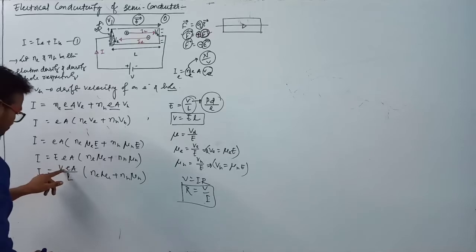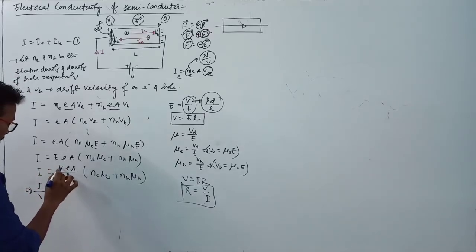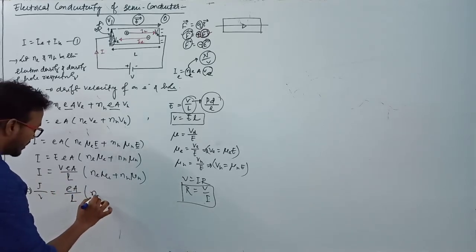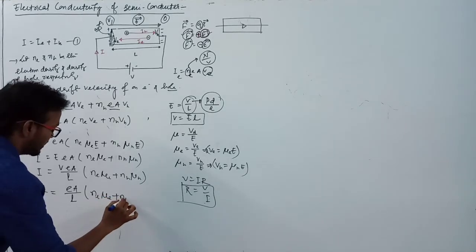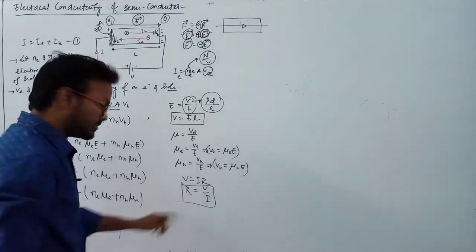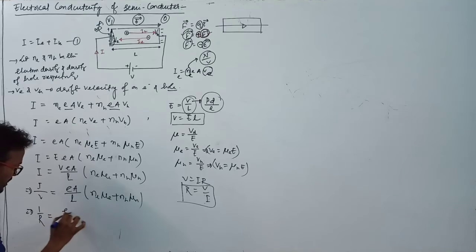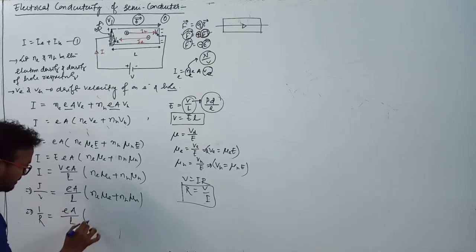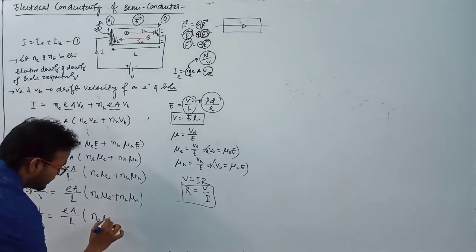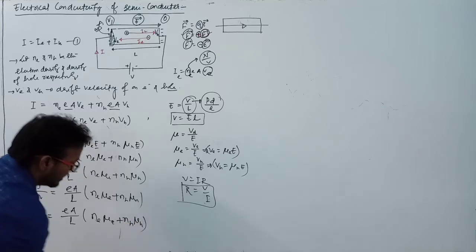So I by V equals EA by L into Ne mu E plus NH mu H, and I by V is equal to 1 by R. So 1 by R equals EA by L times Ne mu E plus NH mu H.